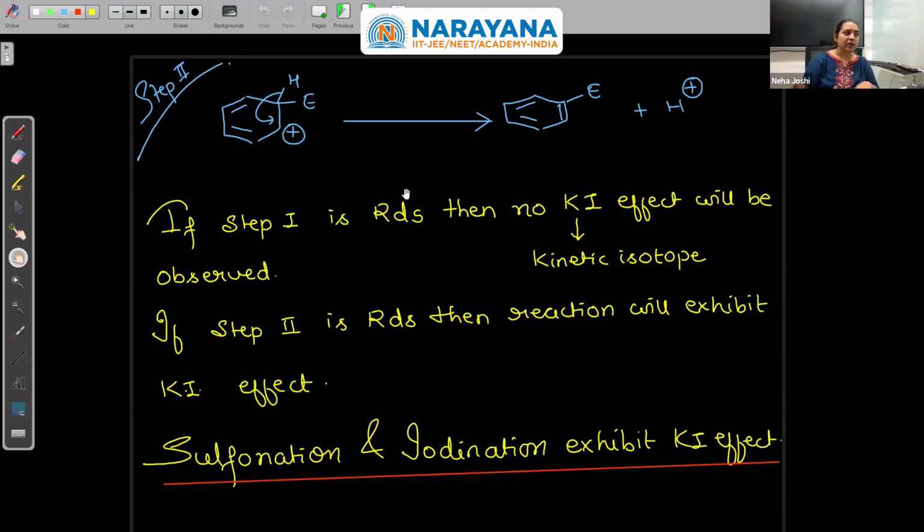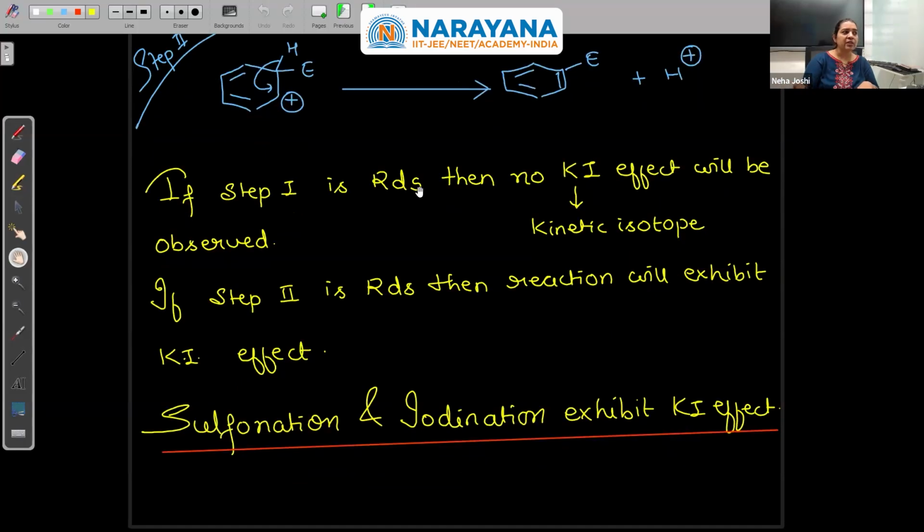In step 1, if step 1 is the RDS, then no kinetic isotope effect will be observed, right? In E2 also yesterday I explained that if you use the heavier isotope, rate of reaction goes down. That is called the kinetic isotope effect. But if step 1 is RDS, then kinetic isotope effect is not found.